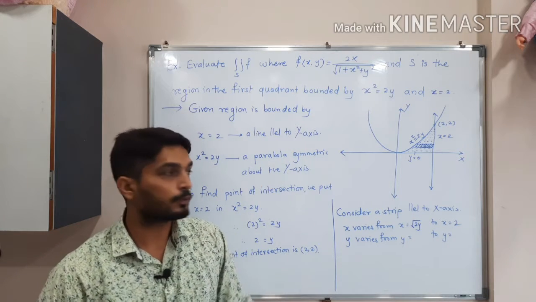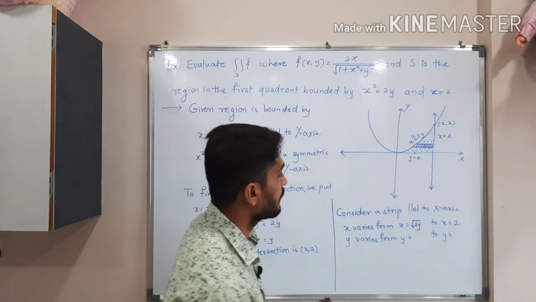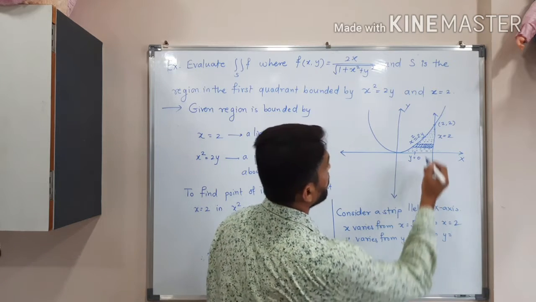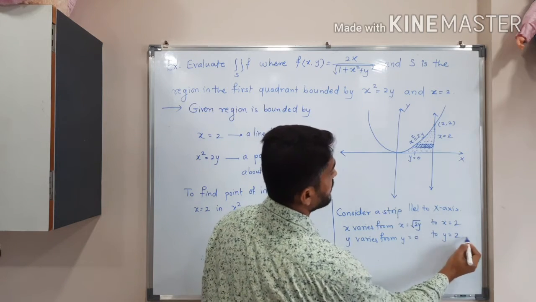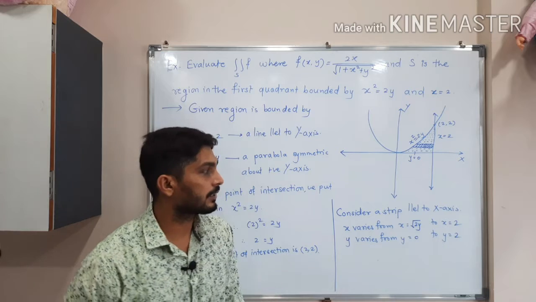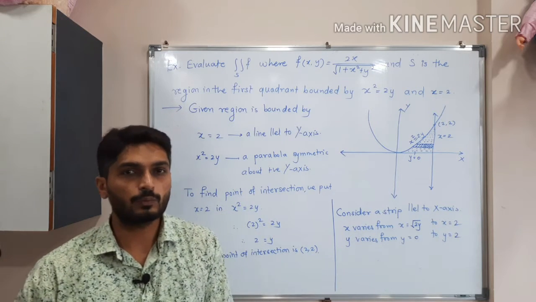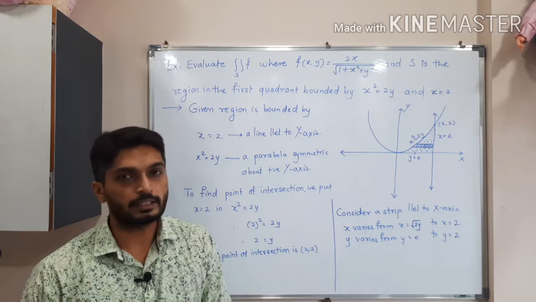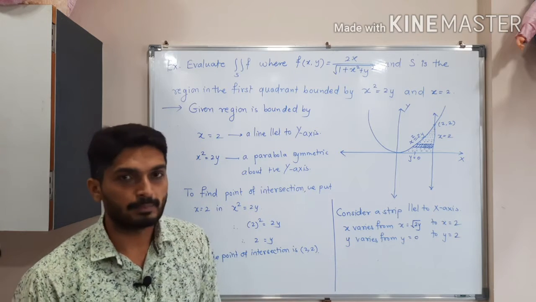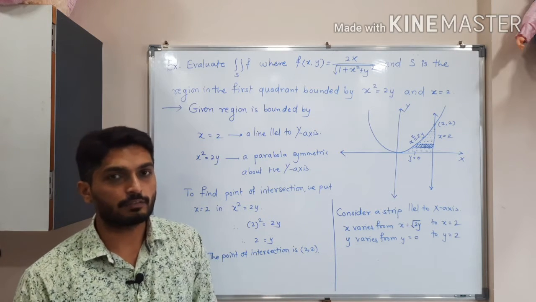After that, bottom to top, so at the bottom we have y is equal to 0, and at the top it will reach up to this 2, so y is equal to 2. So these are the limits of x and y. Now we can easily solve the integration by considering these limits. You can take a screenshot of it, and after that we'll go further.